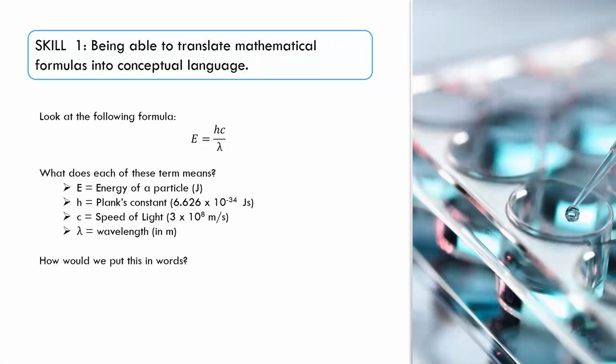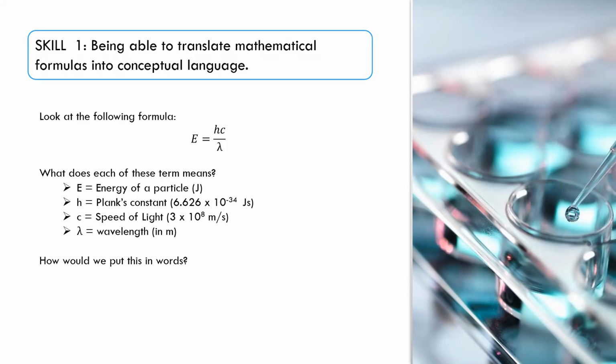So how can we put this in words? If we look at the formula closely, we will notice that it resembles another formula. If we take h and c, we notice that they are both constants, so they will remain the same regardless of whichever situation you're in. And the only value that will be changing is lambda, which is wavelength.